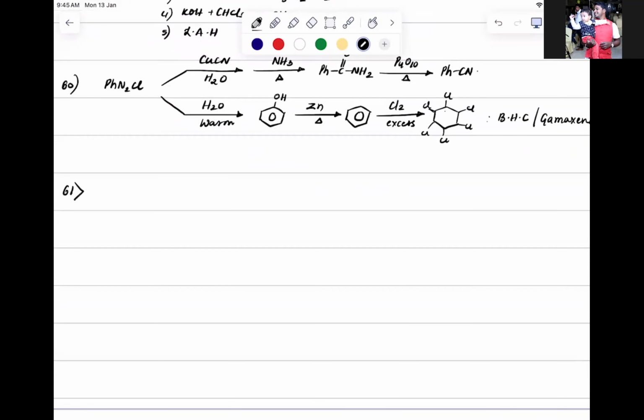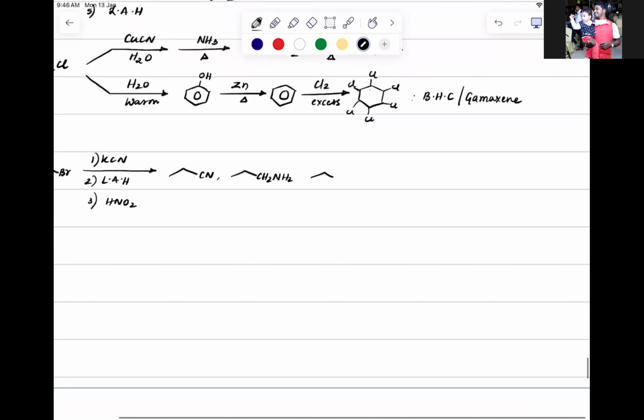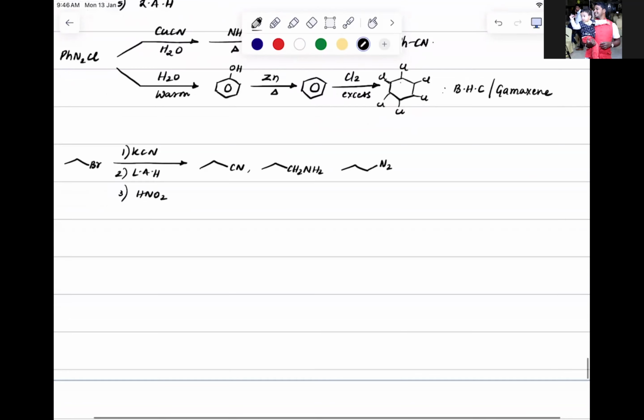Next, 61. Ethyl bromide is given, and it is given as first KCN, second LAH, and third HNO2. So first you will make a cyanide, clear, and then reduction to CH2NH2, and then the diazonium salt, that is N2 plus.